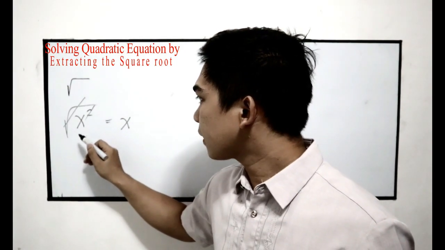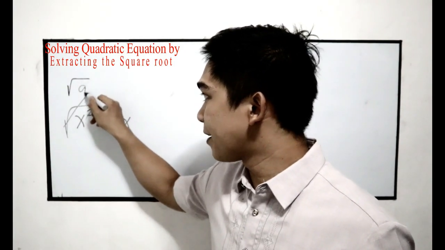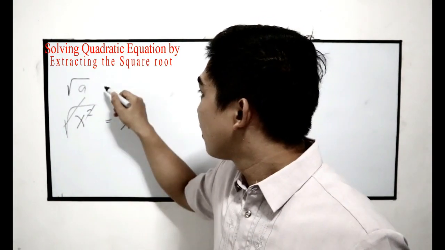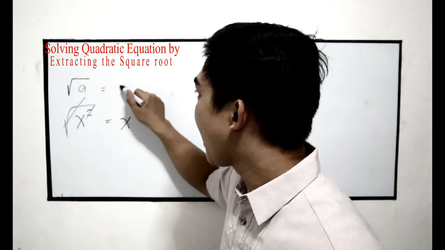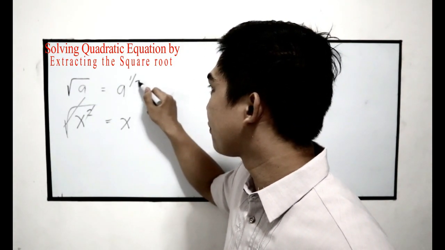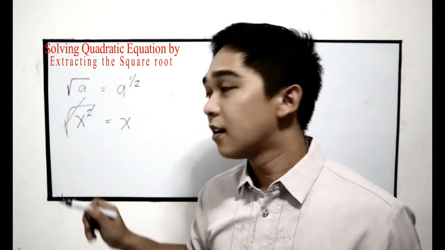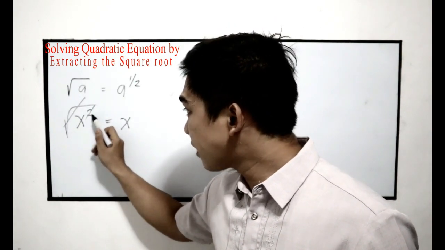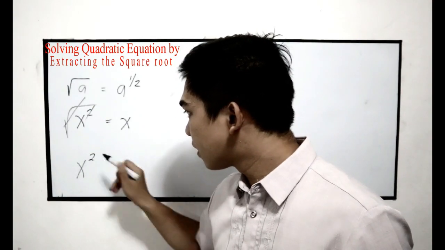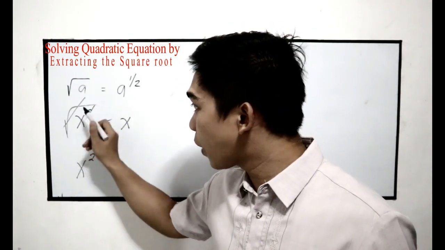Let's say square root of a. We know that the equivalent of square root of a is a raised to 1/2. Applying this one, x squared, and the value of square root is 1/2.